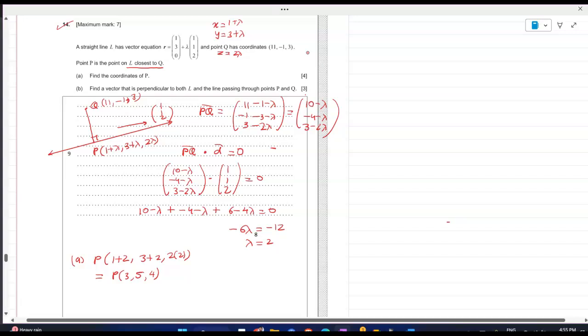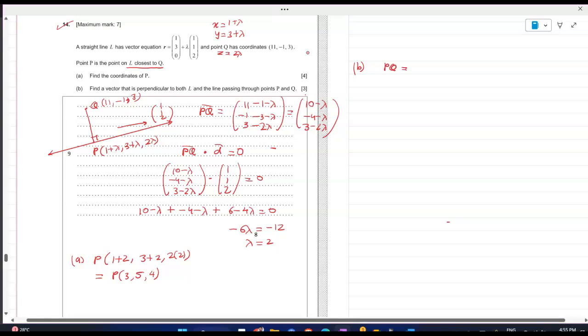A vector is perpendicular to both L and the line passing through PQ. Find a vector which is perpendicular to both. So how do you calculate the direction vector? You can subtract the two vectors. If you want the direction vector of PQ, you take the vector PQ itself.